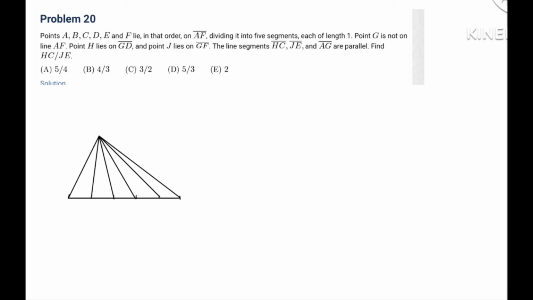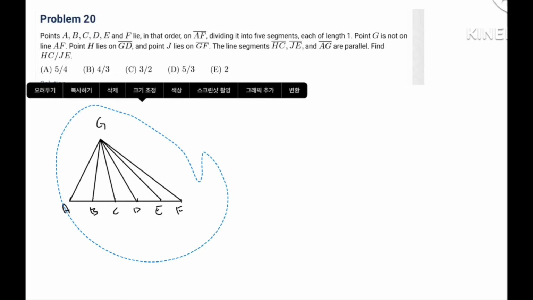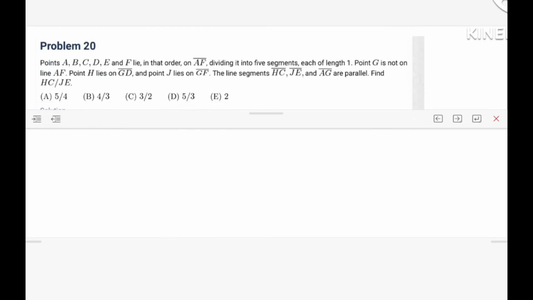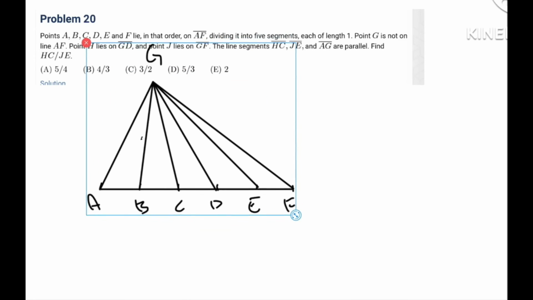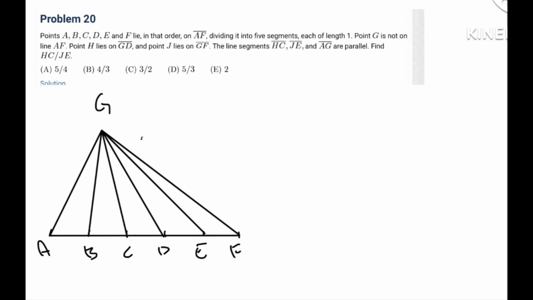Okay, so this would be A, B, C, D, E, F, and this would be G. Let's enlarge the picture a little bit. Make it a bit bigger, and then the line segments HC, JE, and AG are parallel.